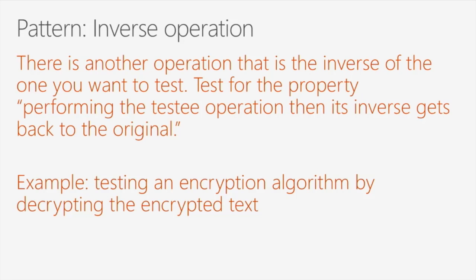I want to wrap up with a few patterns that we see quite commonly in terms of thinking of properties or how we construct property-based tests. One of the classic ones that we've seen, for example, in the Roman number example, in the string reverse example, and the encryption example I mentioned, is inverse operation.